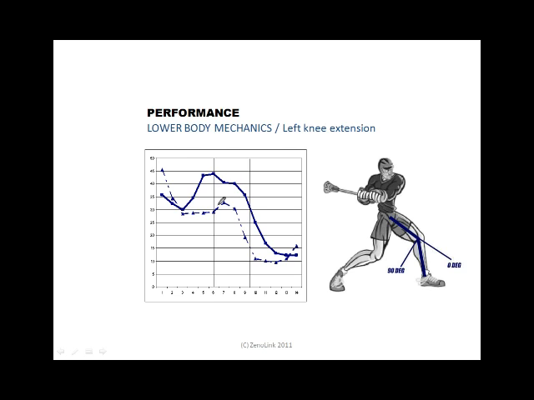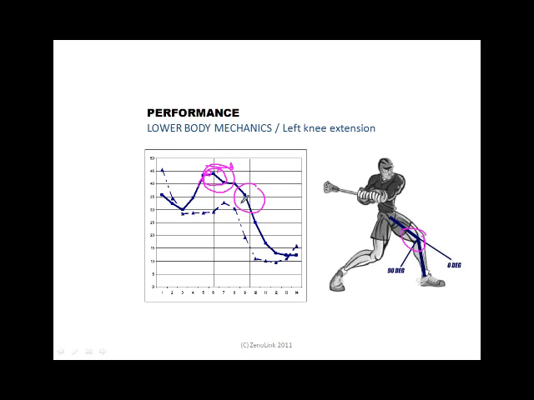The difference, as you can see, is that the dark line is the higher-level athlete. They came in at a 40 to 45 degree lead knee angle and stayed braced in that position throughout the entire acceleration phase. It wasn't until close to release that they extended the knee a little bit, and only minor.